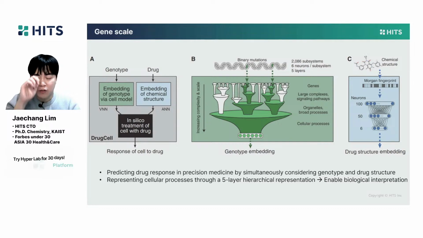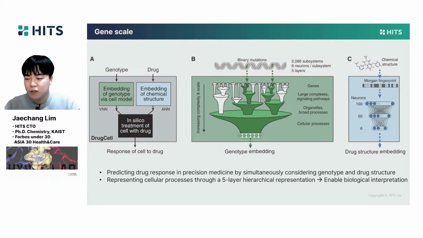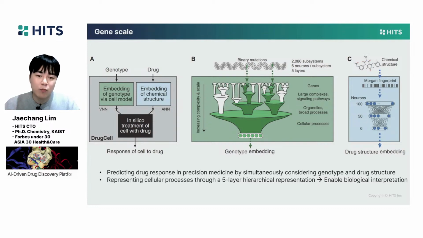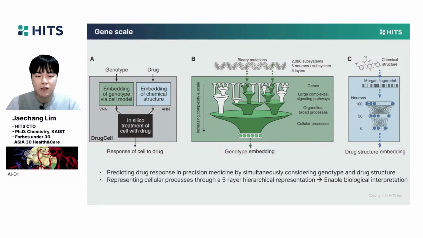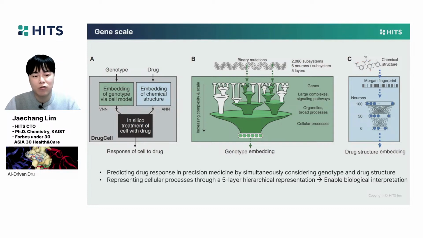So the researchers received evolution type data and included point mutation information to increase the interpretability. And based on this information, they created a hierarchical tree structure and embedded signal transduction pathways, cell-level processes, and molecular structures into deep neural networks to ultimately predict drug responses.